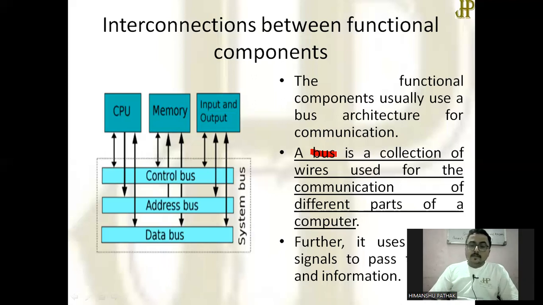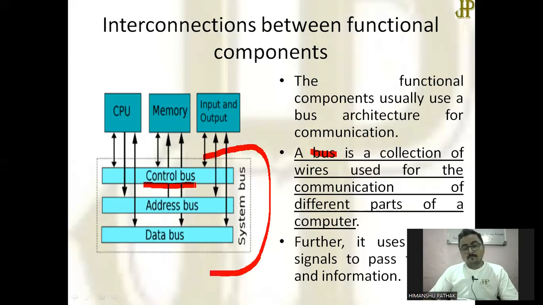That's why they are mainly categorized into, again, three. What are these three? Control bus, again, the instruction related to controlling the part of computer system. Anything that the instruction is given to the printer that you have to print something, then this control bus instructed to the printer that you have to do this.